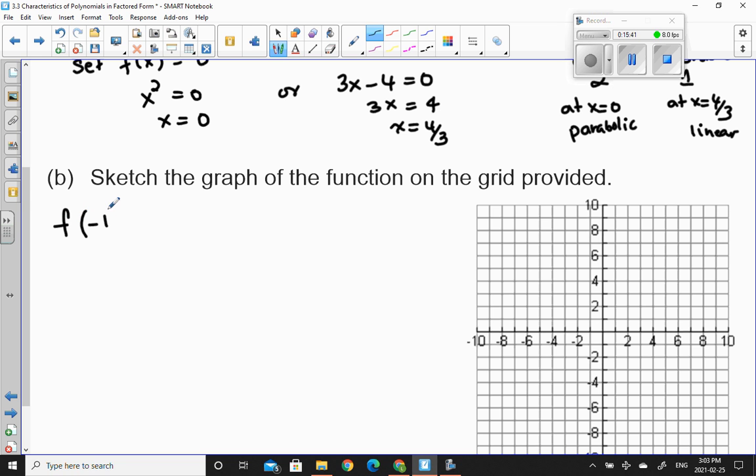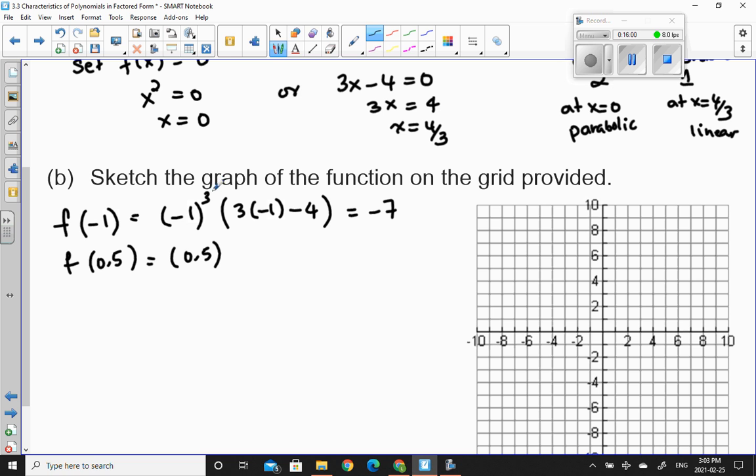Let's say f of -1 would be -1 squared times 3 times -1 minus 4, which works out to -7. f of 0.5 would be 0.5 squared times -2.5. f of 1 works out to -1. f of 2 works out to 4 times 2, which is 8.